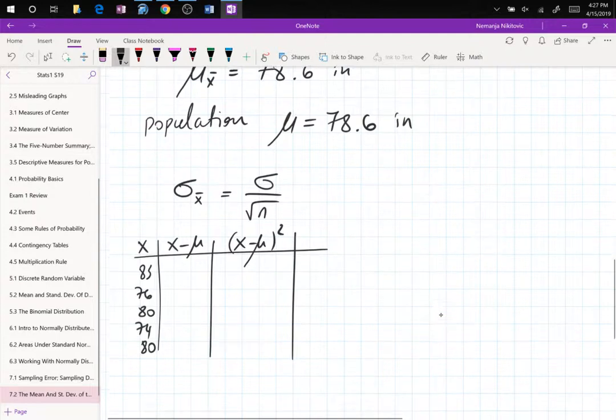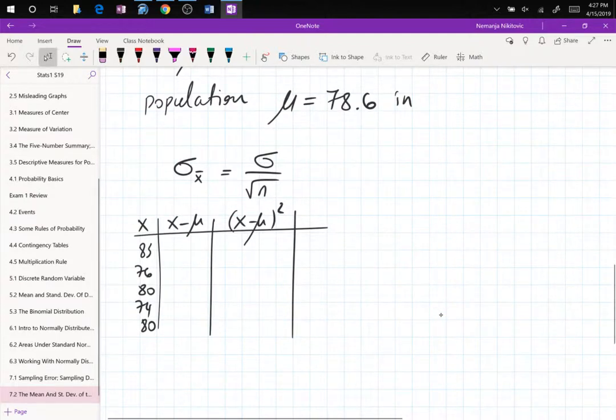So we are using 78.6 as our mean, so that's 4.4, negative 2.6, 1.4, also at the end 1.4, and 74, negative 4.6. So now we have to square each one of these.